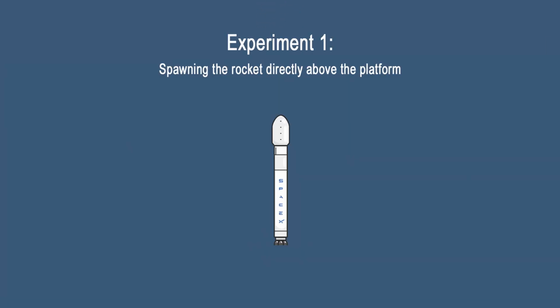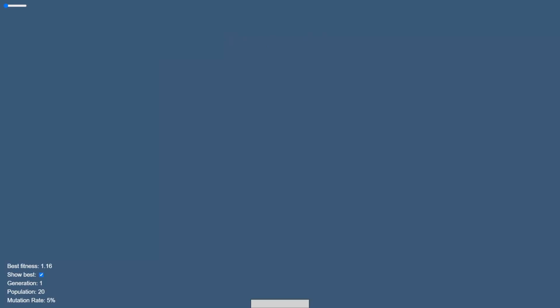Let's put what we have into action, placing the rockets just directly above the platform to see if they can land and figure out that it doesn't require any rotational thrusters.